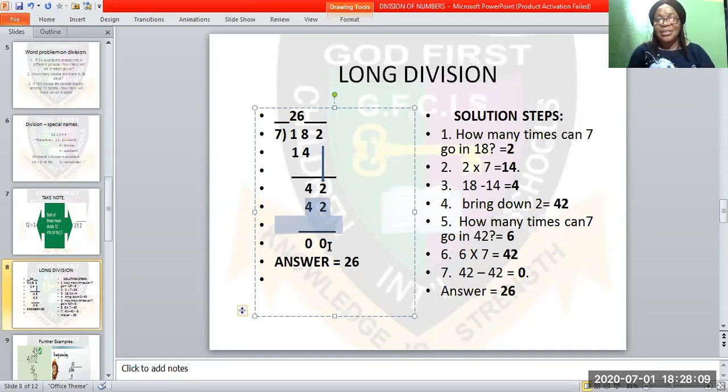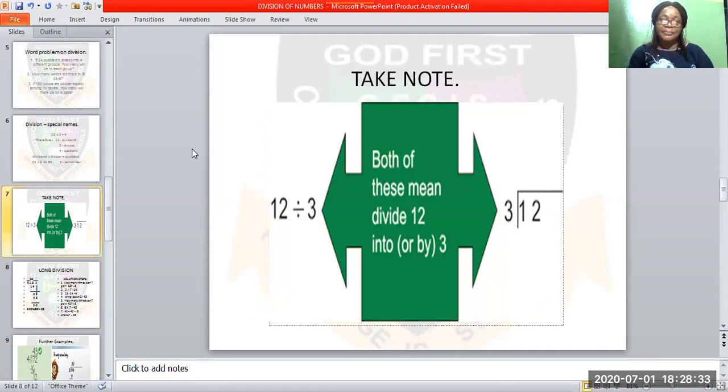We will have 0. Follow the steps carefully, and then you will arrive at the correct answer. So our correct answer for this sum, which is 182 divided by 7, is equal to 26. Are we together?